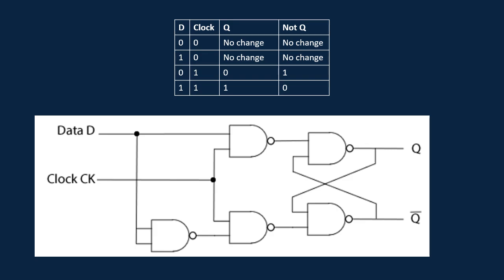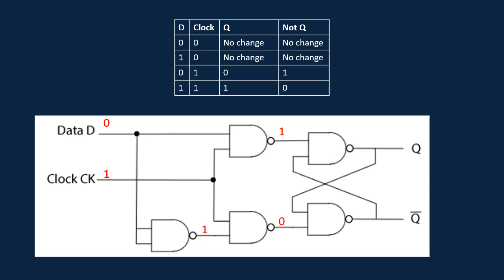And then in the final example here, we've got a data of 0, we've got our clock to be 1, and again just going through this really quickly, if our data is 0 as input, our output for that NAND gate is going to be 1. Effectively, it's a NOT gate. And then we've got 0 and a 1 as an input to that top NAND gate, so that's now going to be 1. We've got 2 1s, we've got the clock value of 1, and we've got the value 1 for that bottom NAND gate.